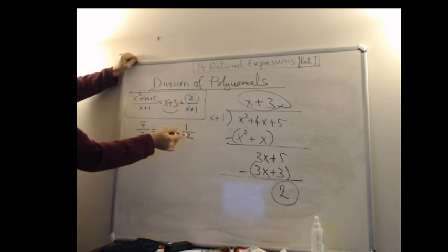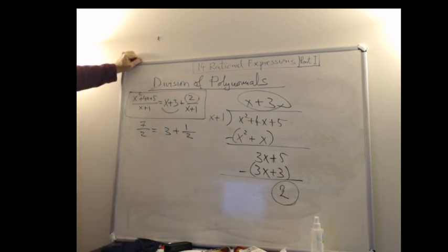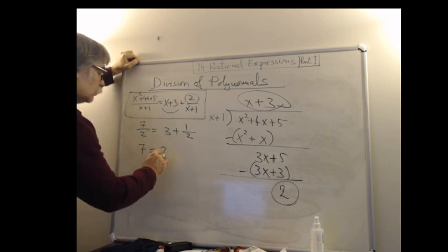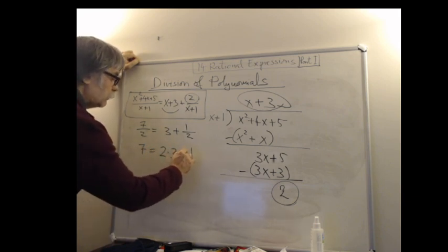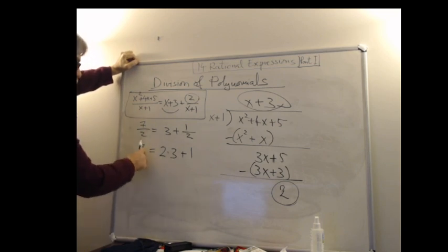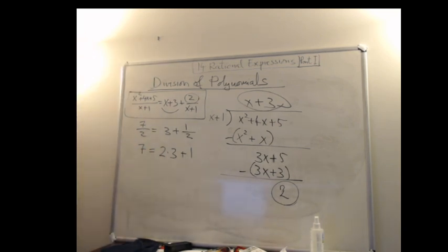Quotient, remainder, remains undivided. You can also say 7 is equal to 2 times 3 plus 1. Quotient times divisor plus 1. That's what the 7 is.